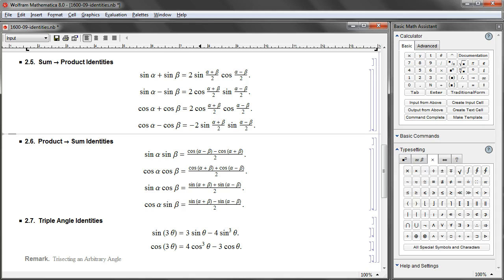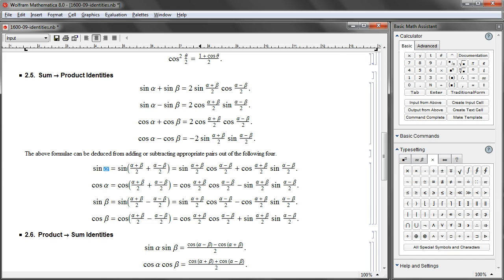Now, the proof is relatively simple if you make one key observation. Alpha can be written as half of alpha plus beta plus half of alpha minus beta. Why?